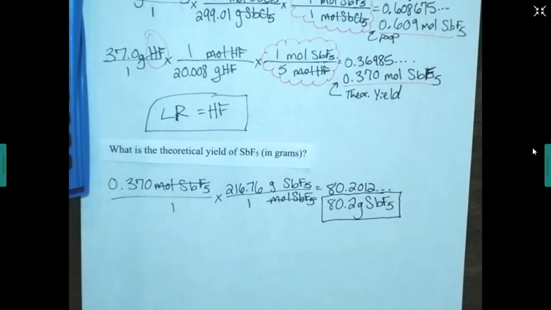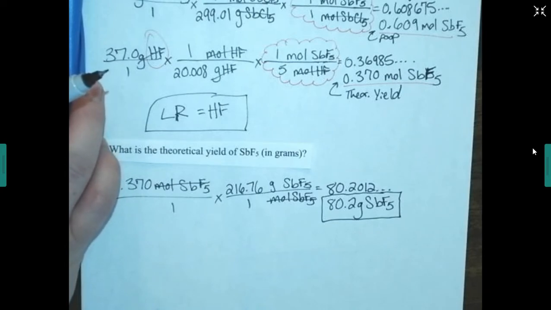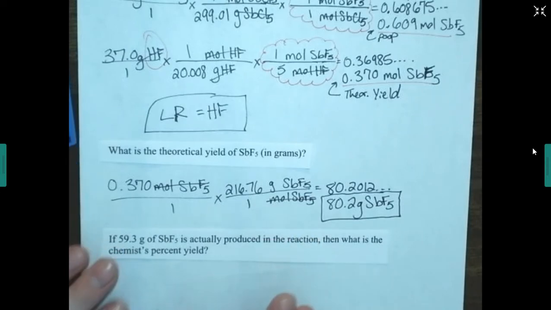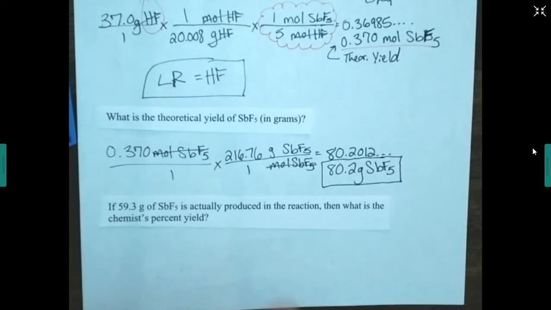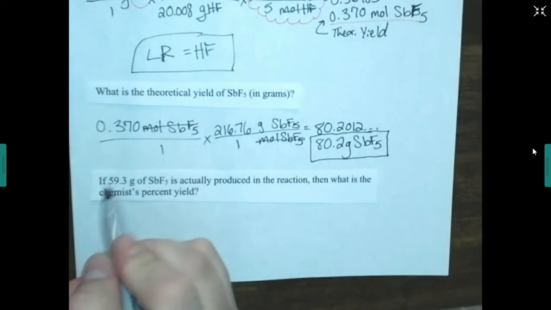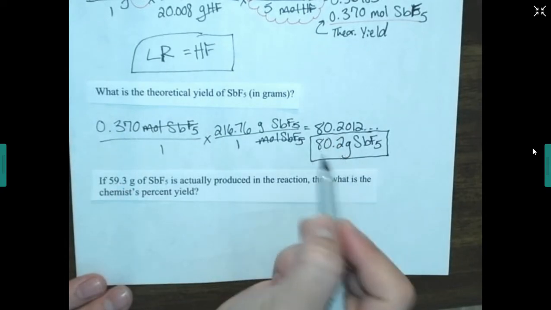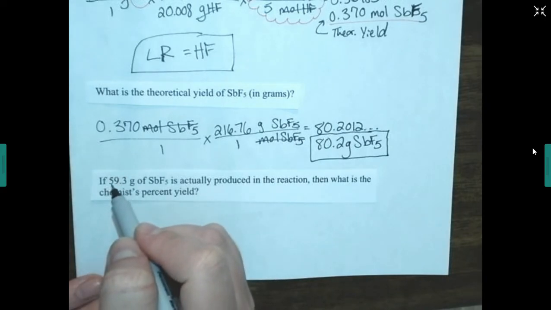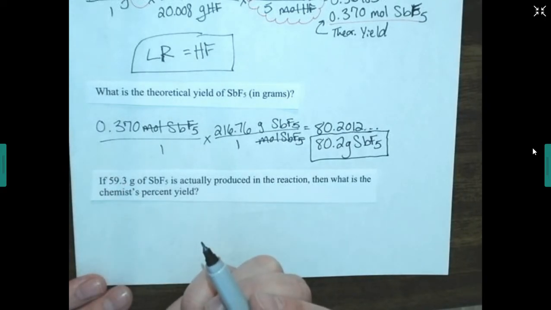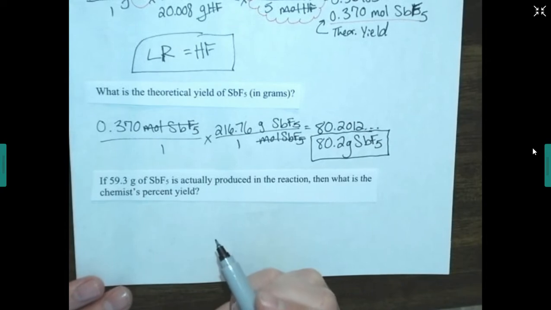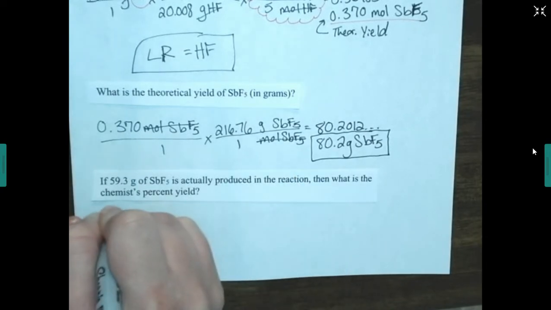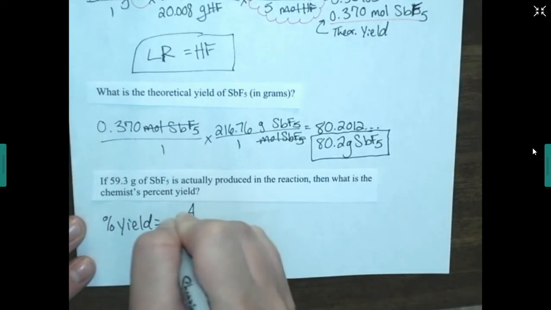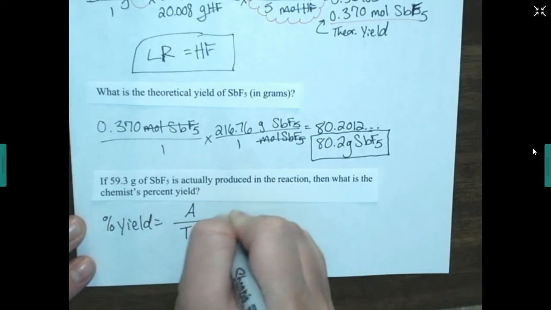Now, the third thing that it's going to ask here in this problem is, okay, if you do this experiment and you know, okay, I'm supposed to get 80.2 grams. That's my theoretical yield. But I do the experiment, I only get 59.3 grams. This is how much was actually produced. What's the percent yield? So if you remember, the percent yield is equal to your actual over your theoretical times 100.